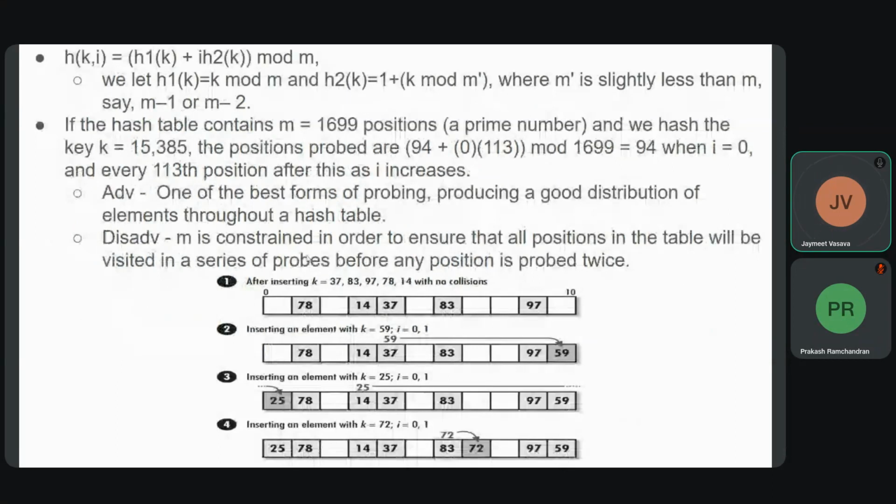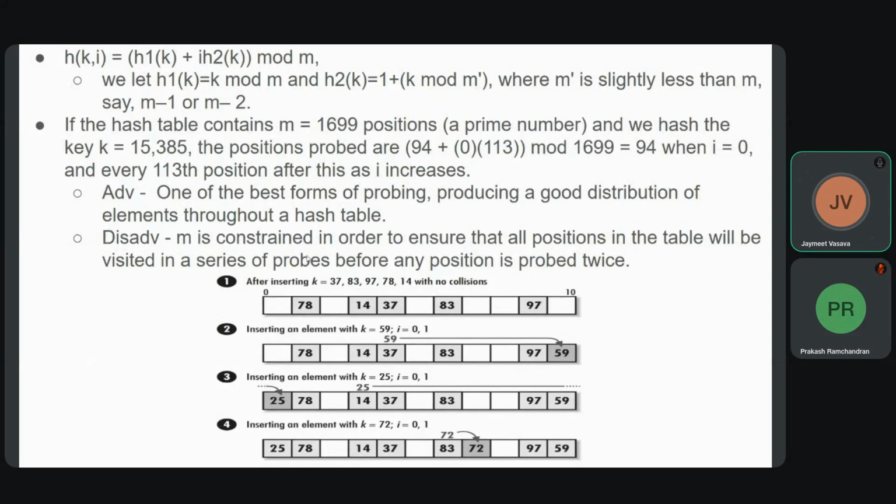So for the given formula that we just discussed, we let h1 of k equal k mod m and h2 of k equal 1 plus k mod m', where m' is just a slightly lesser value than m.